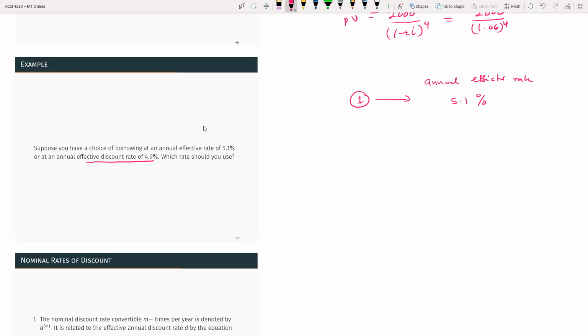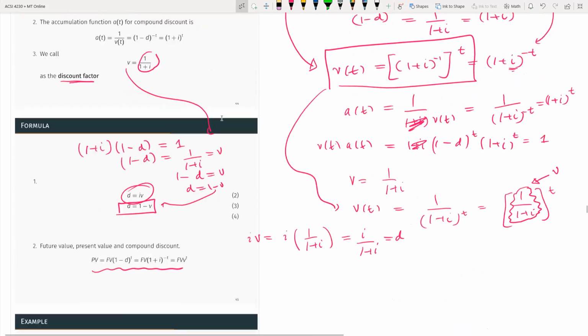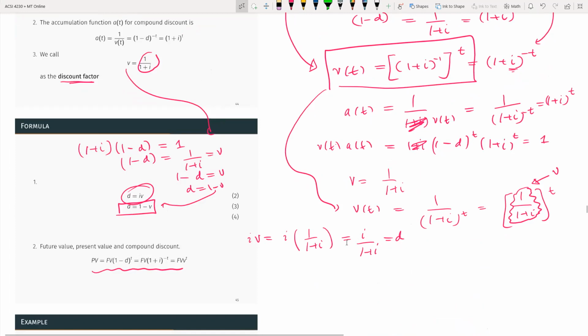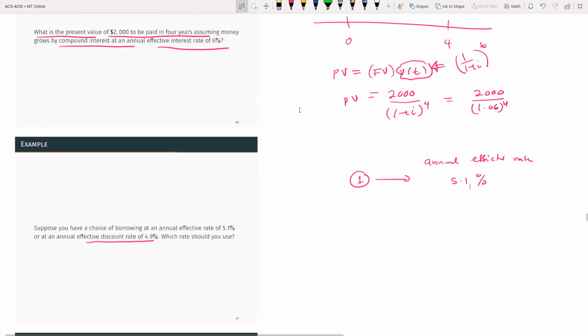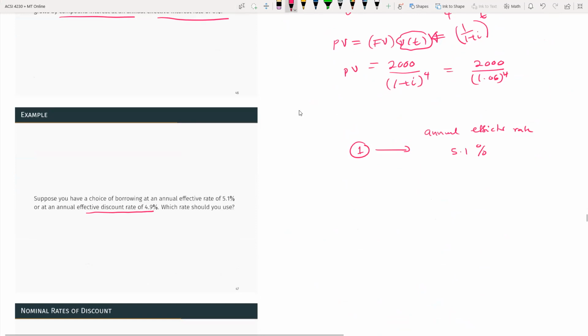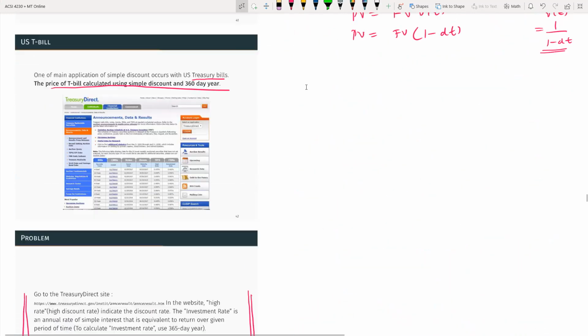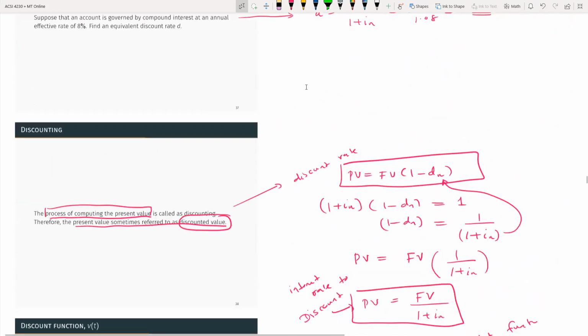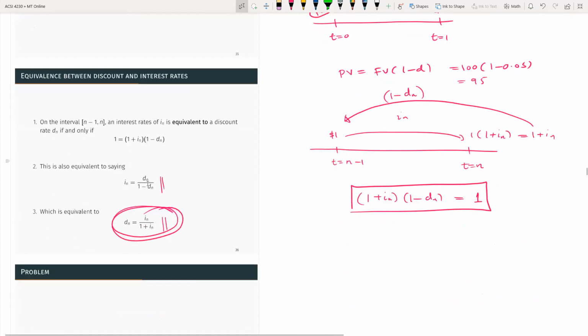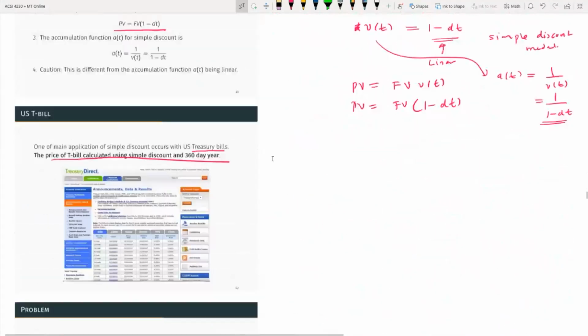For the second one, I need to convert. How do I convert? We have the equations here: d equals i times v, d equals 1 minus v, or d equals i over 1 plus i. Let me write i in terms of d. If you go to the earlier equations, you can see i equals d over 1 minus d. I'm going to use that.